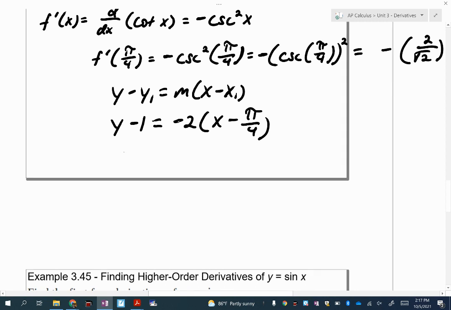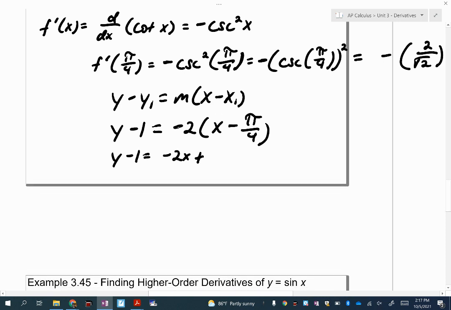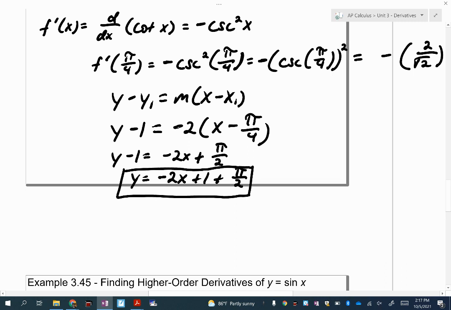All right, so I'm going to distribute and get negative 2x plus, and if I multiply negative 2 times a negative, that's a positive, 2 times pi is 2 pi. 2 pi over 4 is going to be reduced to pi over 2. So the answer is negative 2x plus 1 plus pi over 2. All right, let me plot this for you and see if this will help your brain when I show you on Desmos.